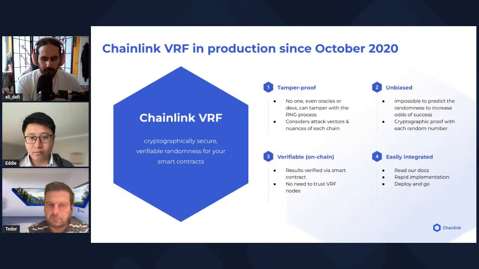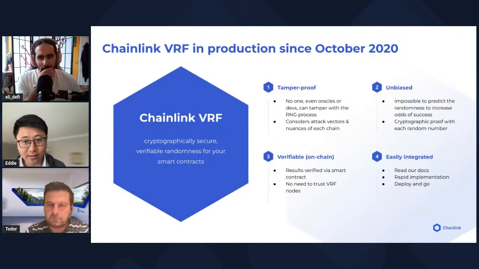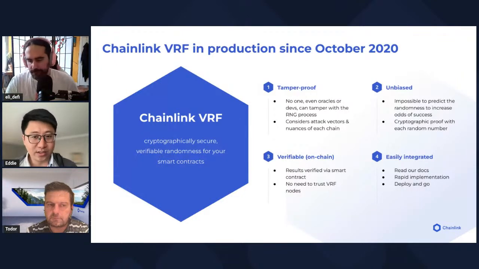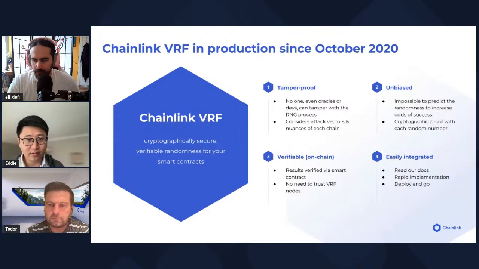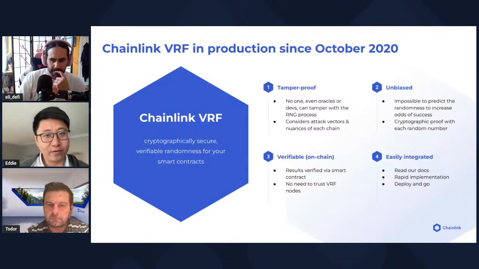No one, even Oracle staff, can alter or tamper with the RNG process. We are already taking into consideration all the attack vectors and nuances of each chain. And then it's unbiased, so it's definitely not possible to predict any randomness to increase odds of success in a favorable way.